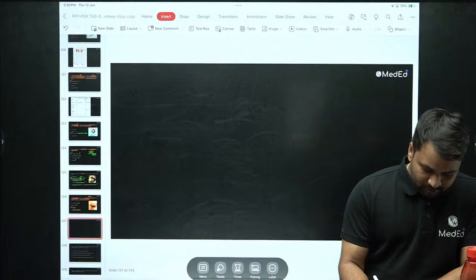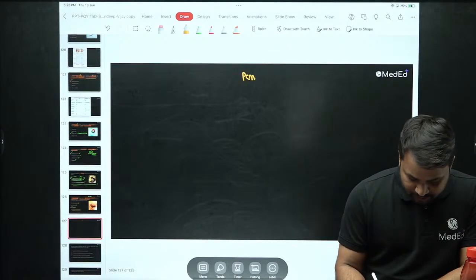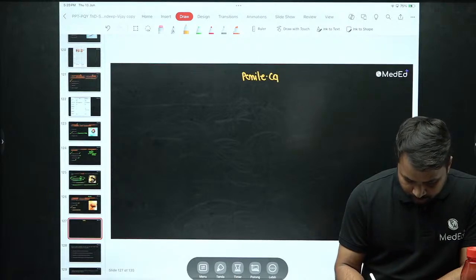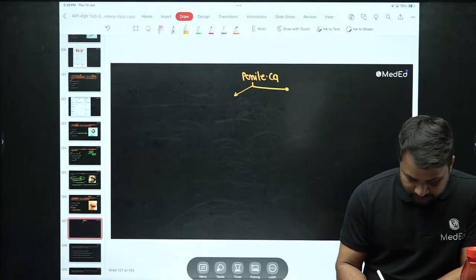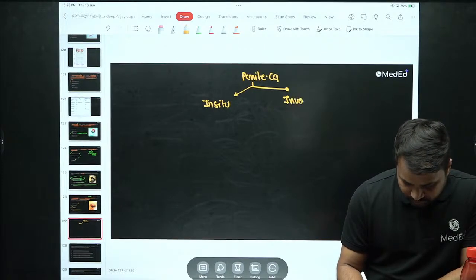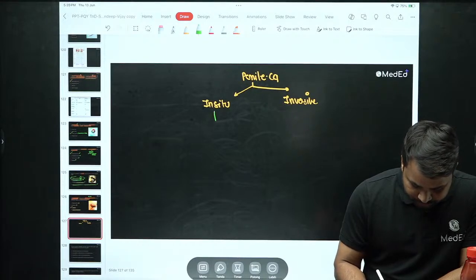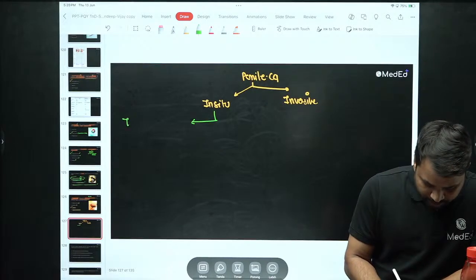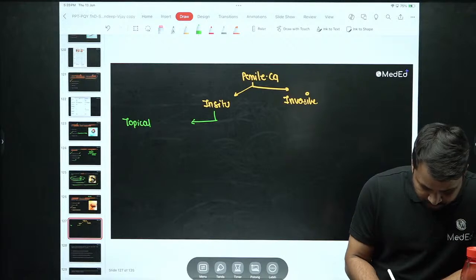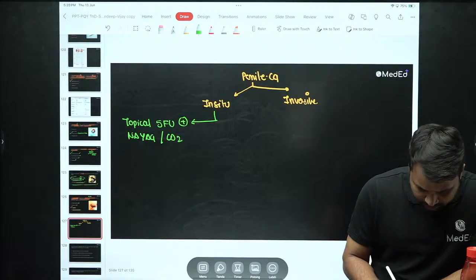Now, for penile cancer, I am going to divide it into in situ and invasive. In situ is basically managed with topical 5-fluorouracil with either an Nd:YAG laser or a carbon dioxide laser. Any of the lasers can be used to ablate the lesion.